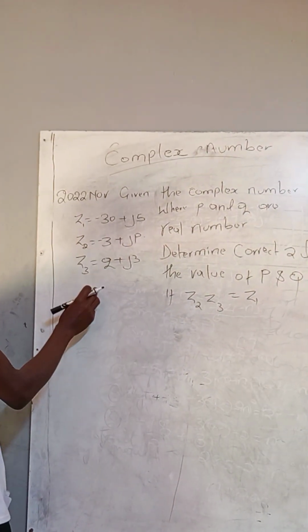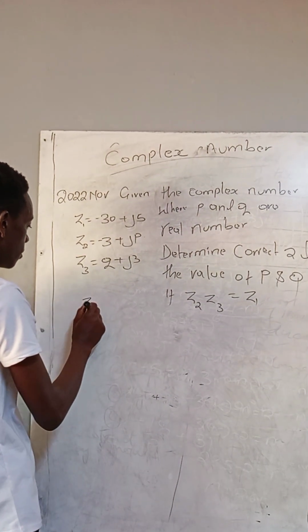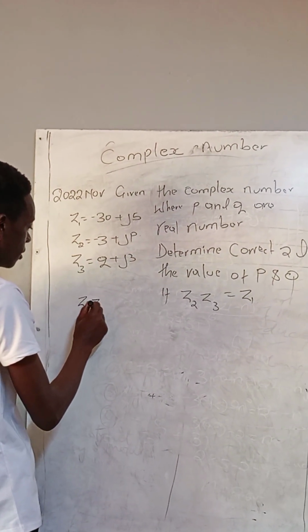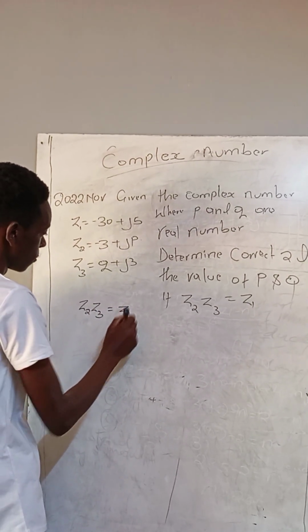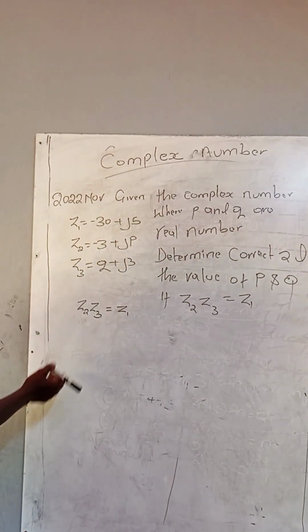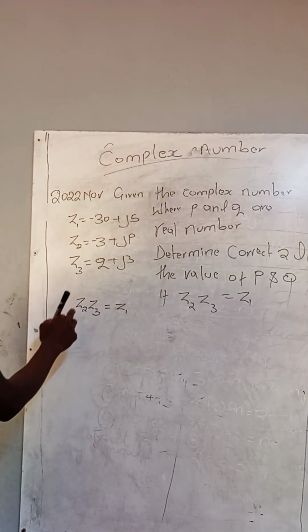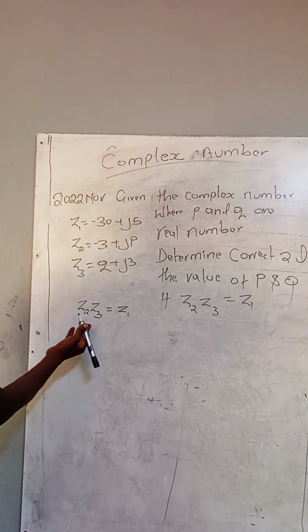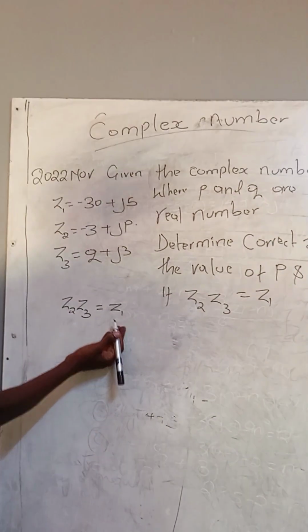What combines z2 and z3 is multiplication, so we will multiply z2 and z3 to give us z1.